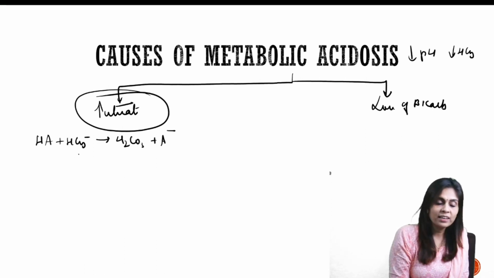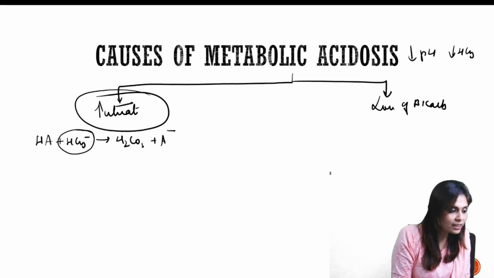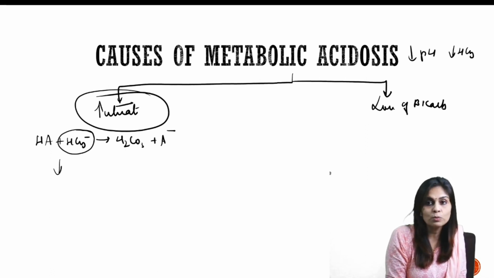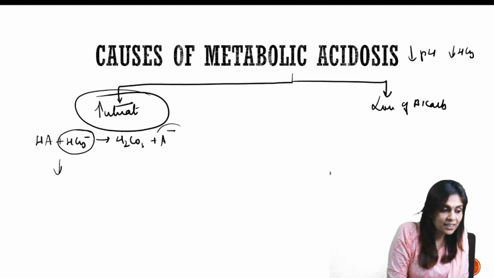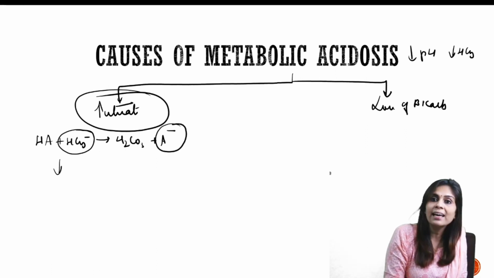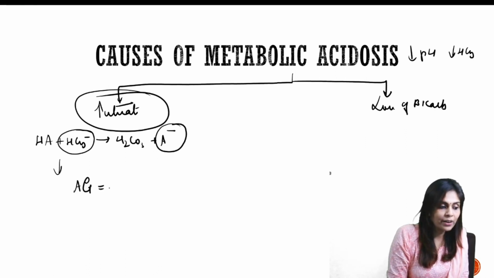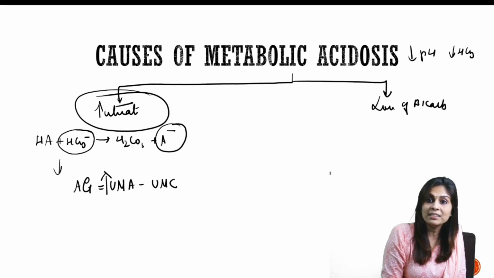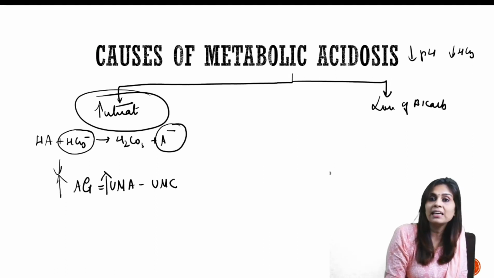So in this case, what has happened? The acid has utilized bicarbonate. That would reduce bicarbonate concentration and that would cause metabolic acidosis. So this is one category of causes. And in this category of causes, do you see that simultaneously an unmeasured anion is getting generated? And we know that the definition of anion gap is a difference between unmeasured anion and unmeasured cation. Because in this category of causes, unmeasured anion concentration always increases, anion gap will be elevated.